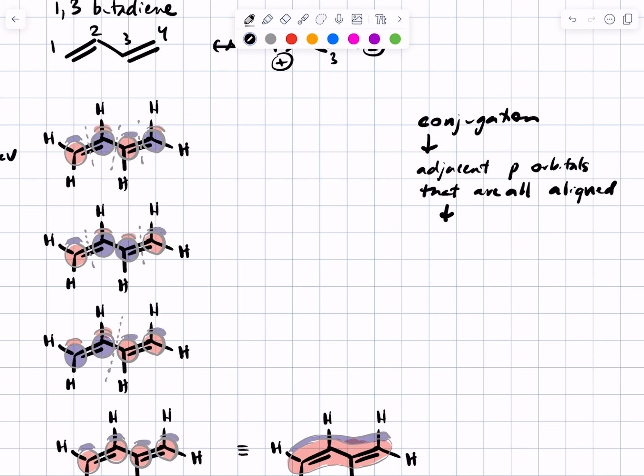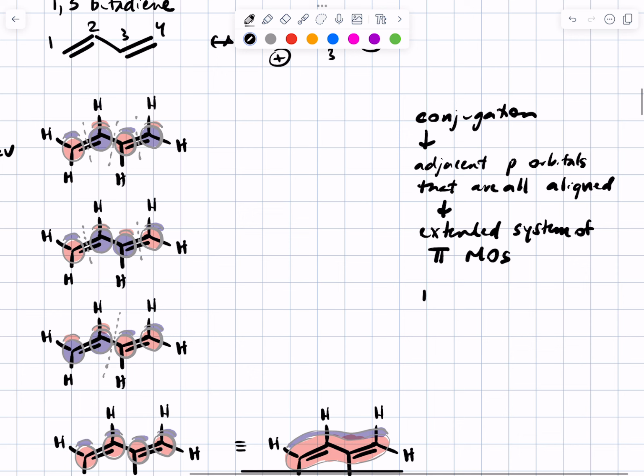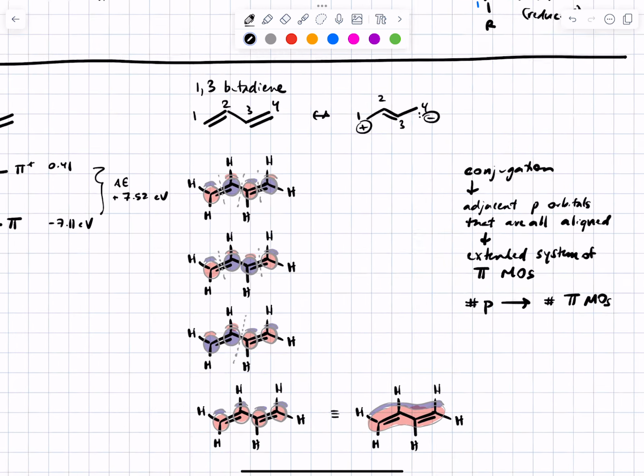And that makes an extended system of pi-type molecular orbitals where the number of p orbitals that you mix together equals the same number of pi molecular orbitals that you get out.